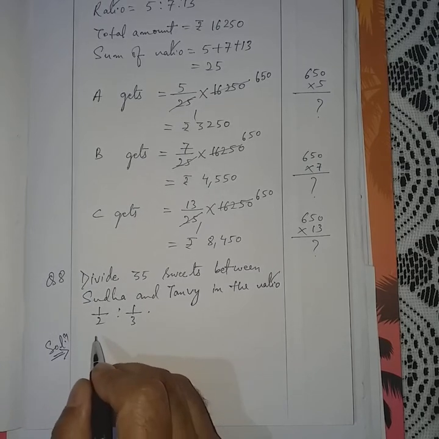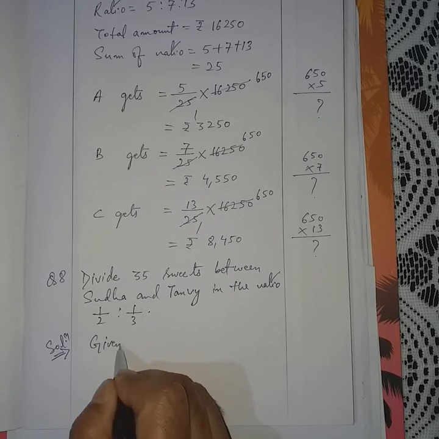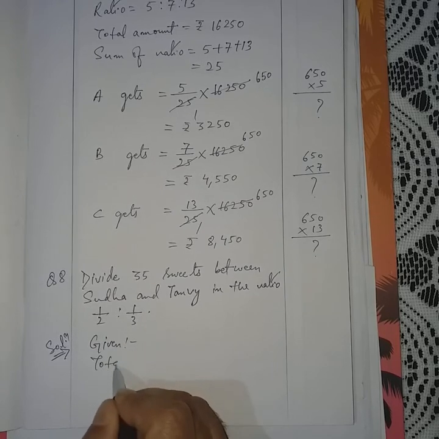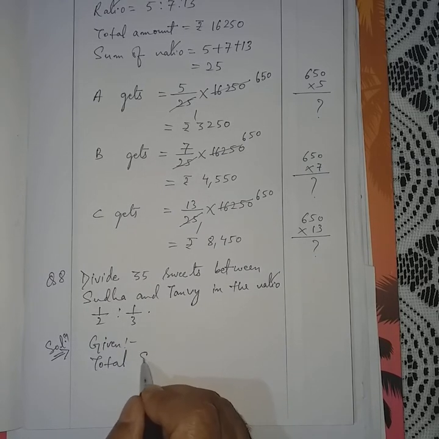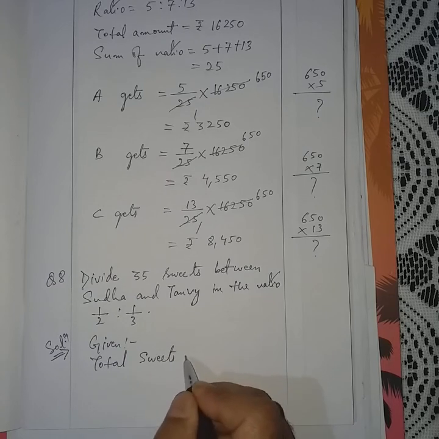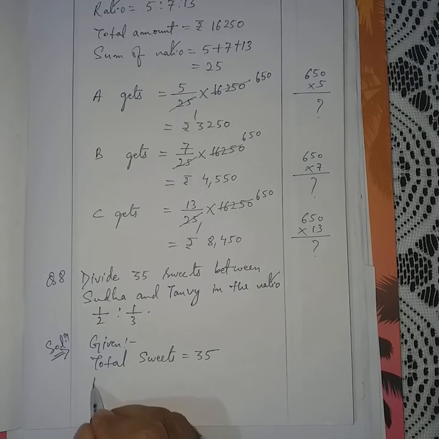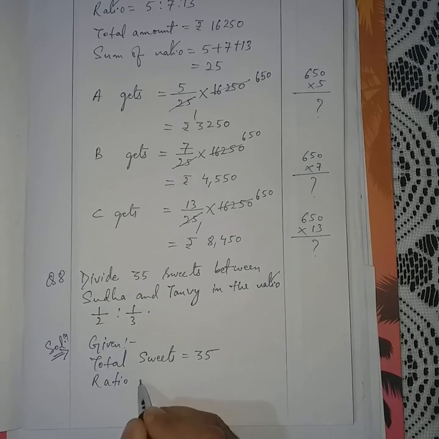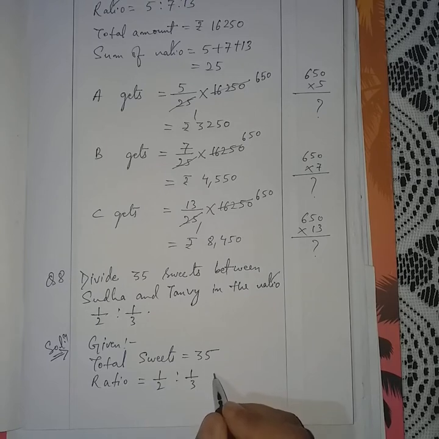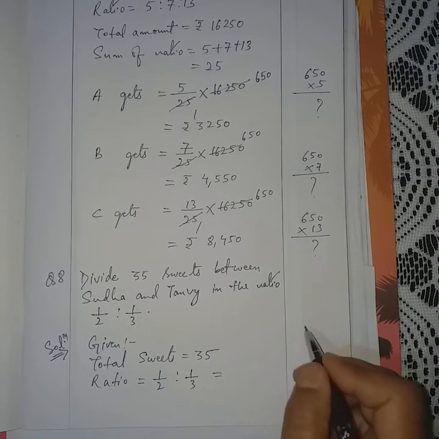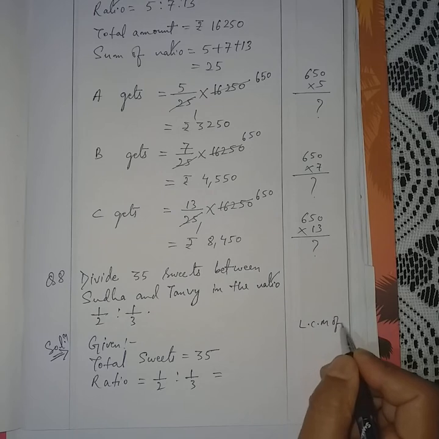Now total sweets given is what here? Total sweets is equal to 35 and the ratio given is equal to 1/2 is to 1/3. This is for Sudha and this is for Tanvi. So the LCM of 2 and 3 is how much? 6.